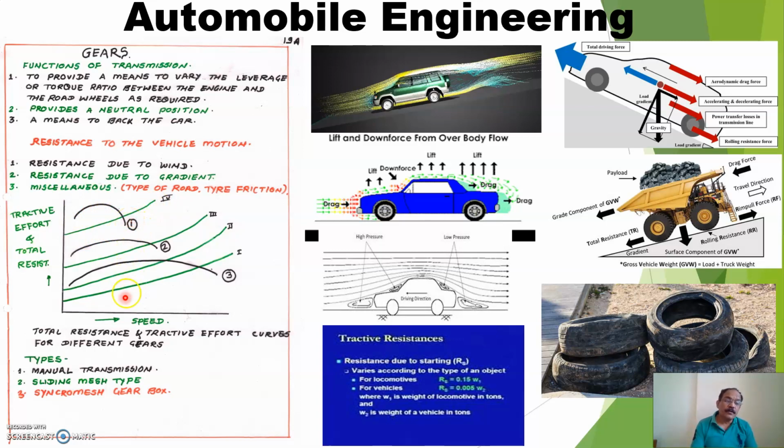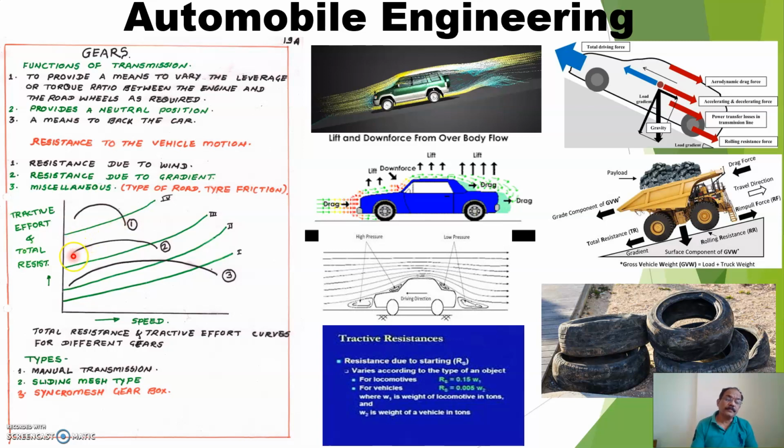But the speed is very low. It can overcome your heavy load, but you cannot increase the speed. If you start moving your vehicle in first gear, after some time the speed of the vehicle will not increase, it declines.